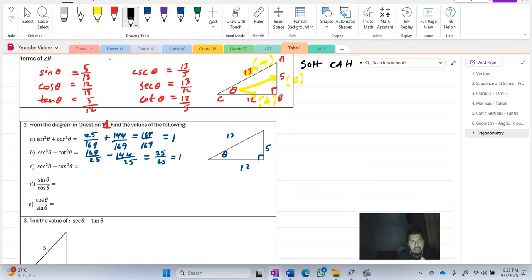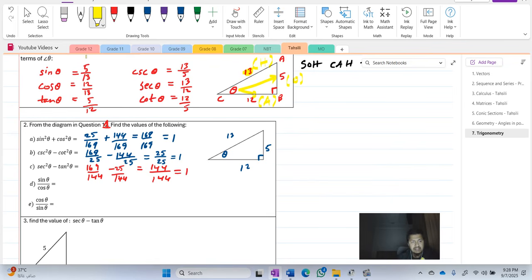Next one is sec squared minus tan squared. Sec squared is 169 over 144, minus tan squared, which is 25 over 144, and 169 minus 25 is 144 over 144, and that's also equals 1.